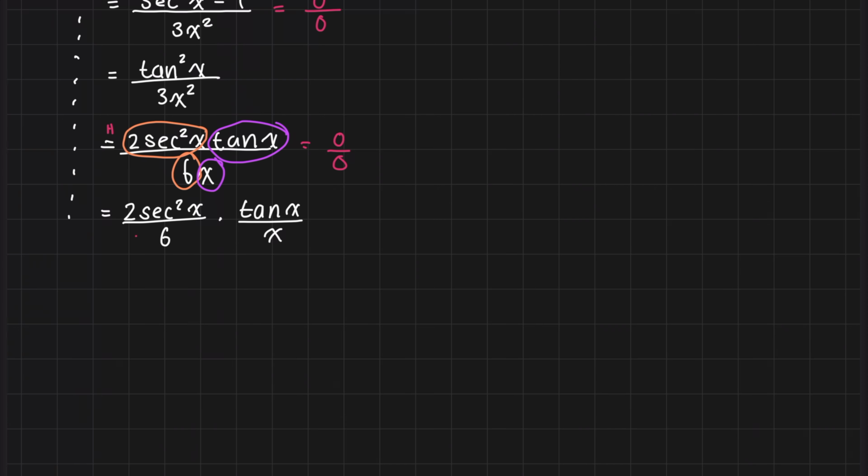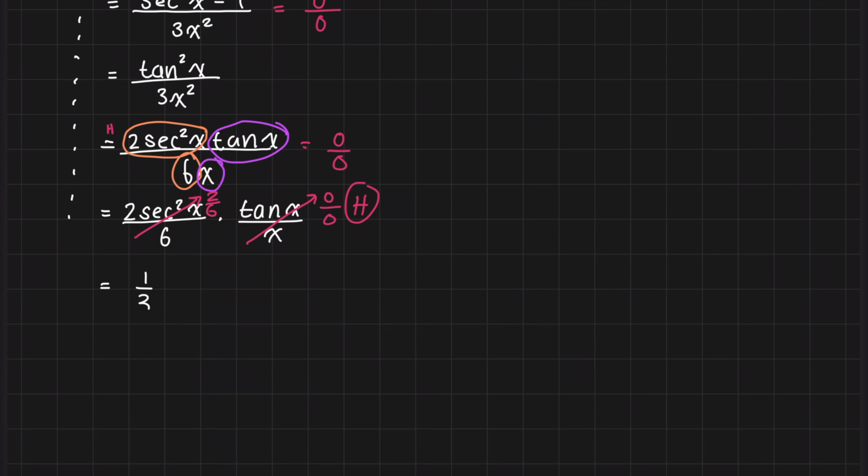So, what I did here is I pulled it out, which you already know, and then I just evaluated it. We know that secant x is 1, so we just get 2 over 6, which simplifies to 1 over 3. And then once again, we have tan x over x. Now we see that that is 0 over 0 once again, which means we need to use L'Hopital's rule. The good thing is the whole secant thing is out of the way.